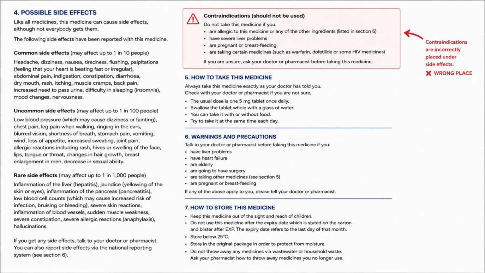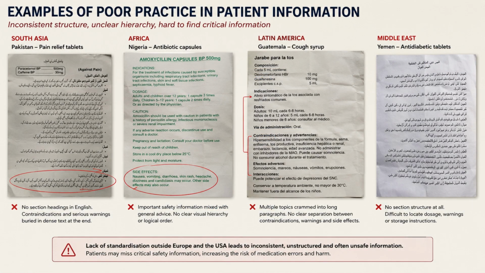Information should be organized into clearly labeled sections with consistent formatting. Using a structured approach also enhances usability. This includes presenting key safety information first, and grouping related topics together. Headings and subheadings should have a different appearance to the rest of the text, such as using larger fonts or bold text.